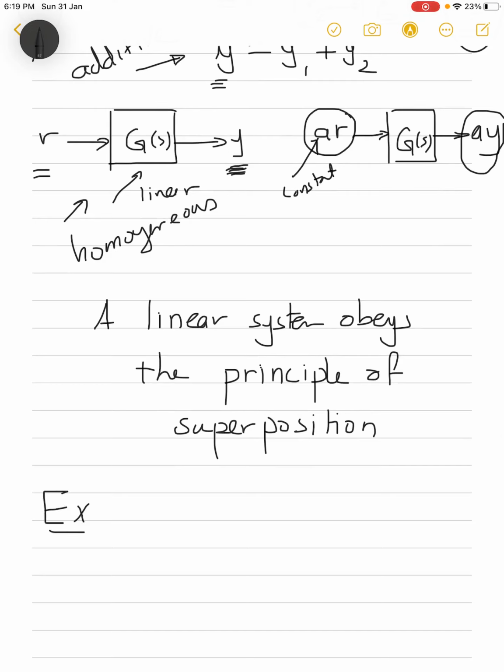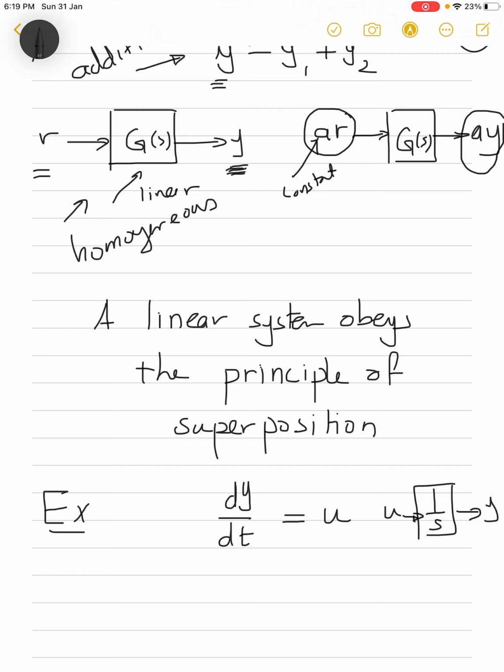Very simple example. If we assume that dy/dt is equal to an input u, that means that our system is just an integrator. This is u and this would be y. So let us see if the system is additive or not.